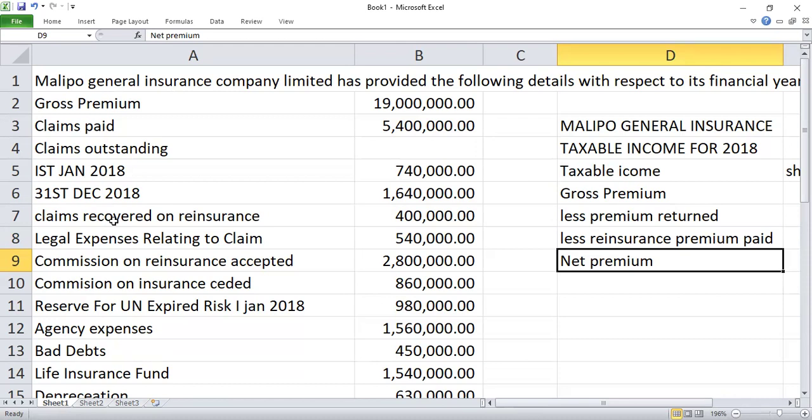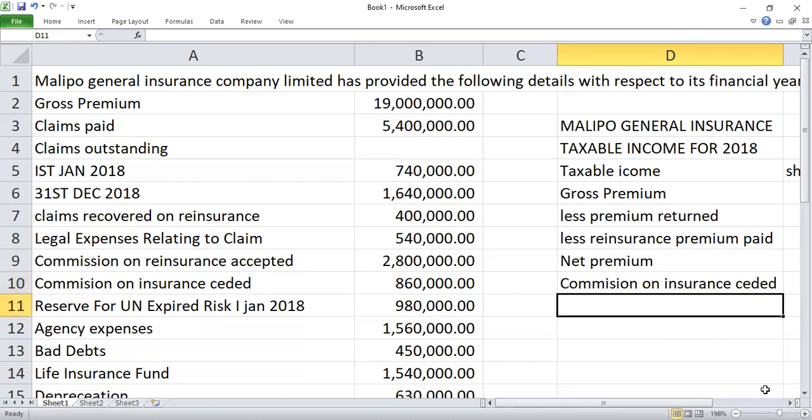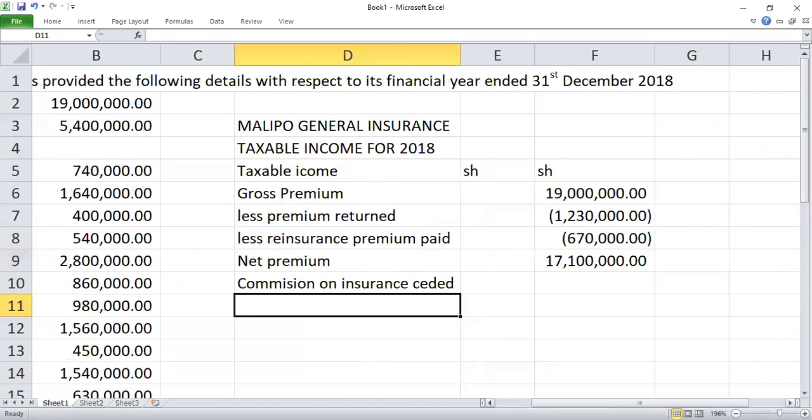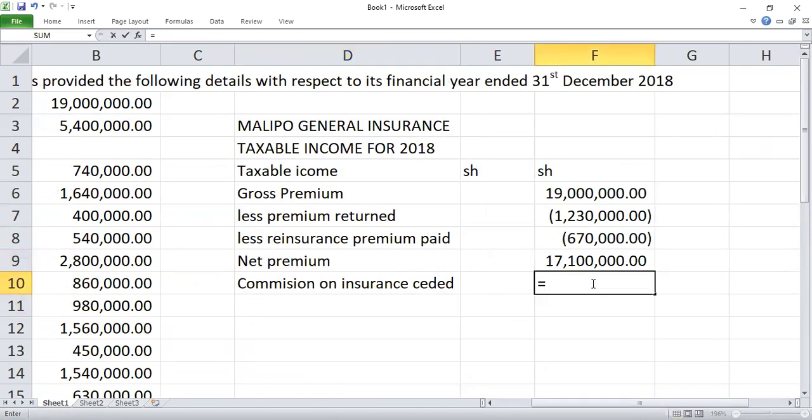Claim on reinsurance ceded, this is an income. The amount here is 860,000 income. It's another income.